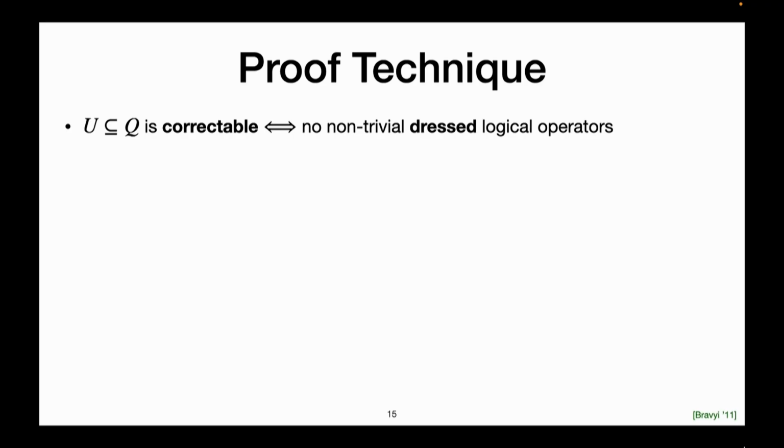So for stabilizer codes, this just corresponded to a subset of qubits being correctable if and only if no non-trivial logical operators were supported on it. And analogously for subsystem codes, we have that a subset of qubits U is correctable if and only if no non-trivial dressed logical operators are supported on it.